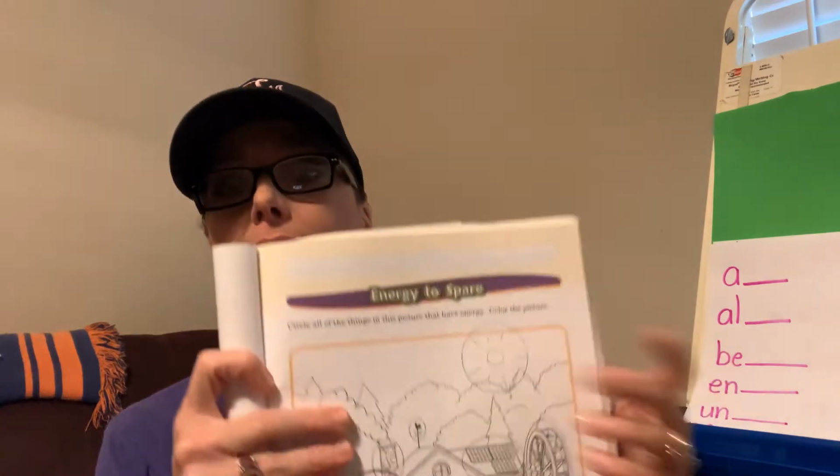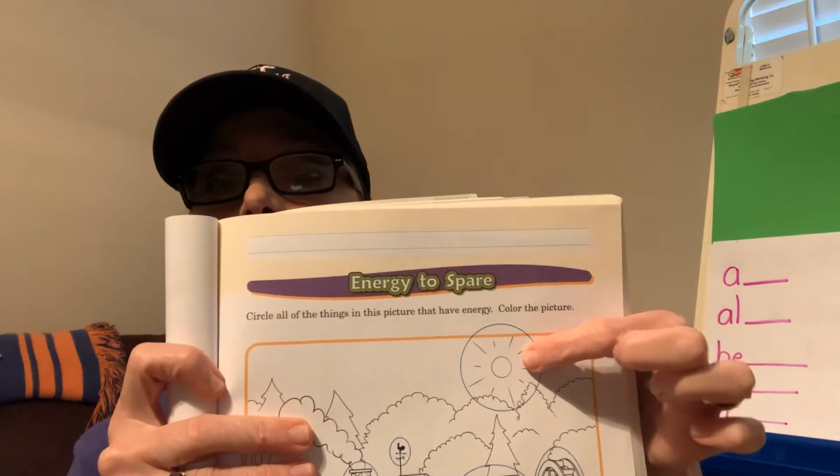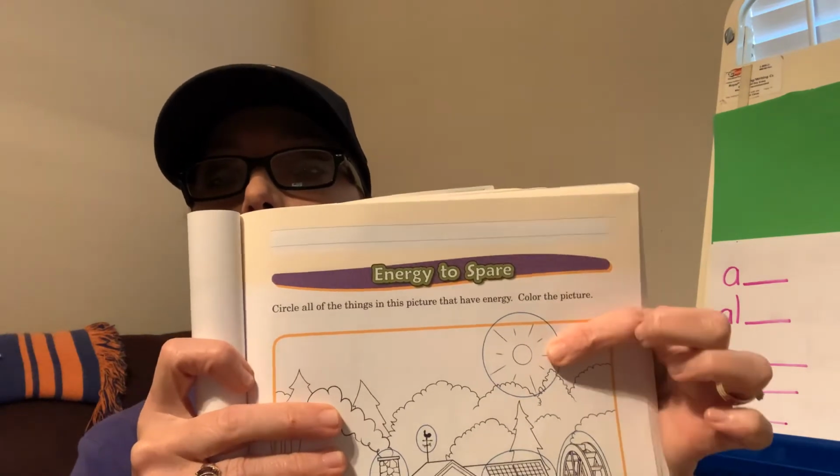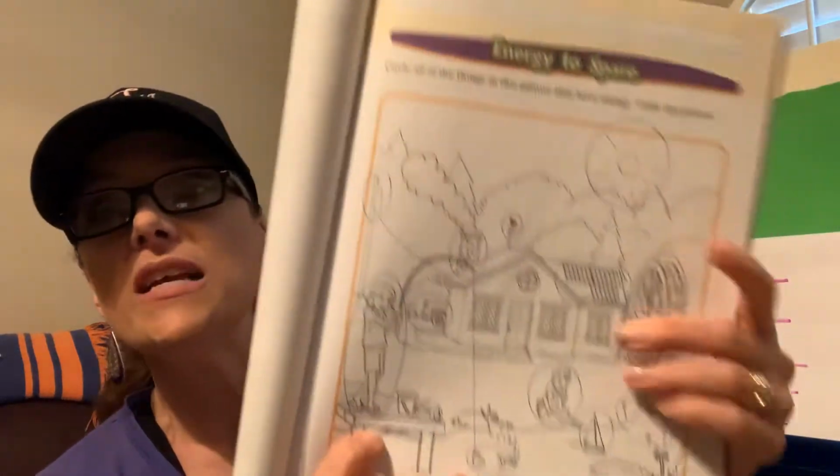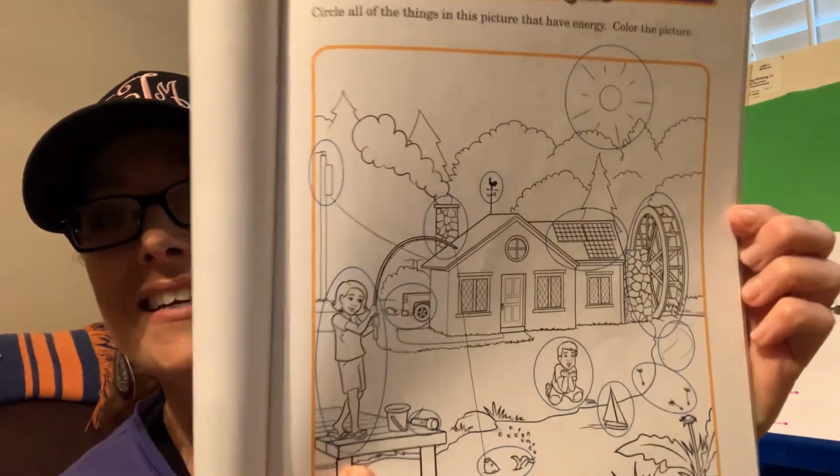On the next page, energy to spare. I want you to circle all the things in the picture that have energy, starting with the sun. The sun is a major source of energy for life on the earth. And boys and girls, there are so many things that we can circle. Even the little girl fishing, she has energy.